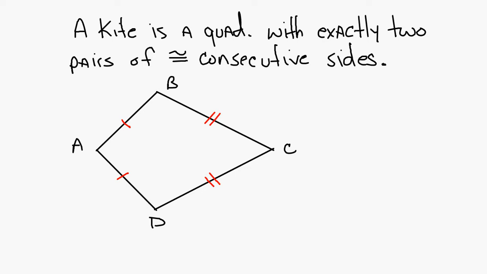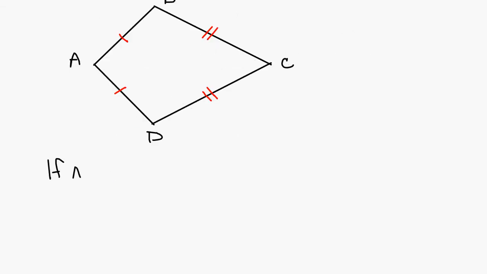And the properties of a kite. If a quadrilateral is a kite, then its diagonals are perpendicular.